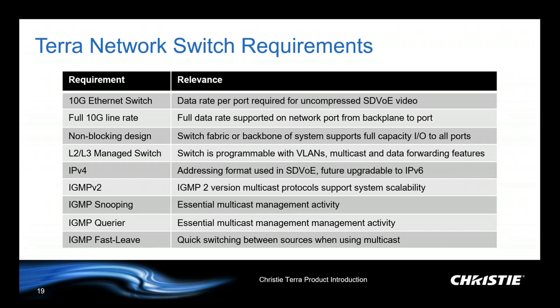It needs to be non-blocking, so it needs to be able to support 10 gigabytes on all the ports at the same time, simultaneously. It needs to be a level 2 or a level 3 managed switch. Because the network needs to be multicast, the most important things it needs to have are IGMP version 2 and IGMP snooping, the querier and the fast leave.